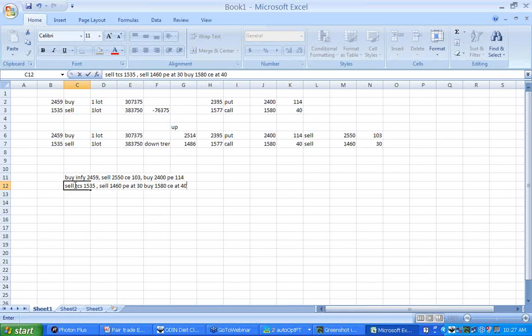By this process I converted my positions to a covered call with put and covered put with call option strategy, still having the view on the pair trade, without sacrificing my profitability in the pair trade.